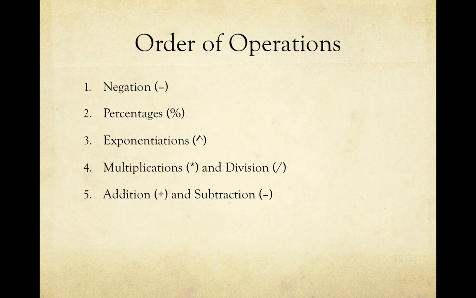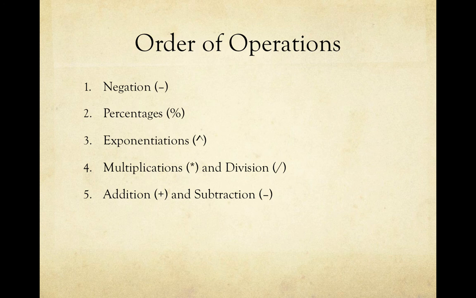Order of operations. Just in case you forgot the order of operations, this is how it's going to read in Excel. When you use more than one operation in a formula, Excel is going to follow the same basic order of operations that you would when you're doing a math problem. So moving left to right, the order of operations is as follows: negation, then percentages, then exponentiation, then multiplication and division, and then addition and subtraction.